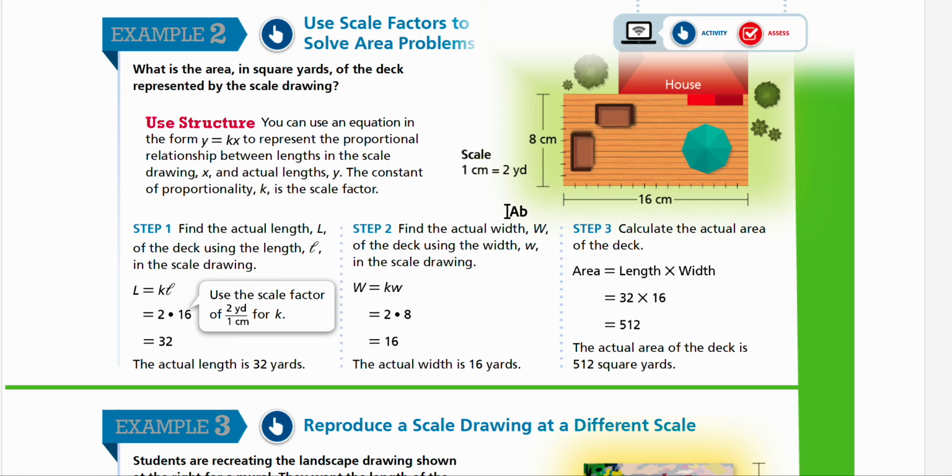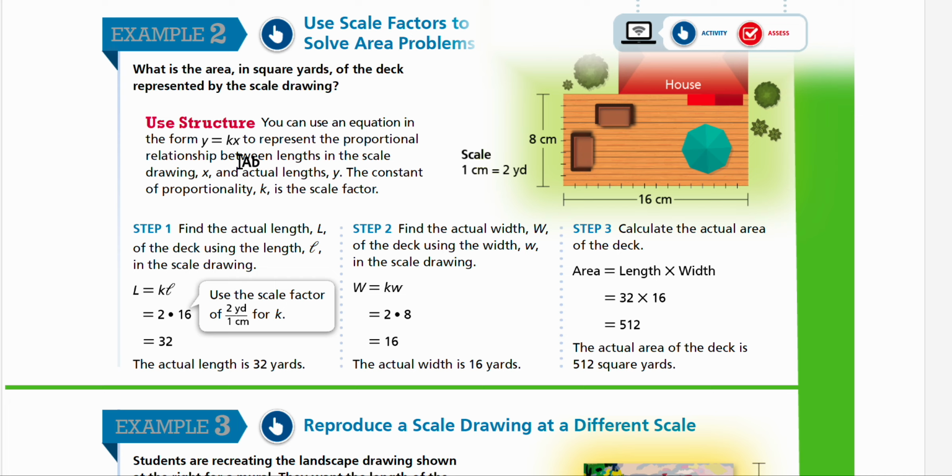So this is a scale drawing. It's not an actual house. The house is not like 8 centimeters by 16 centimeters long. It's very small, right? This is a model. So you can use an equation in the form y equals kx, where k is the constant of proportionality.